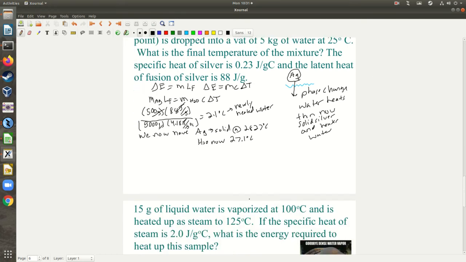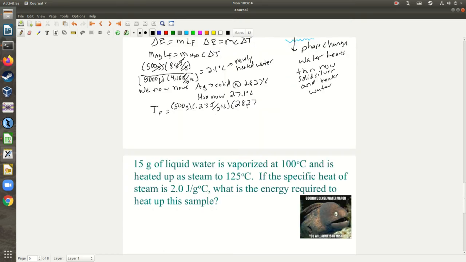So this is where we use the big TF equation I gave you earlier. And that's the fastest way. So we take M1, I guess we'll call it silver, 500 grams. C, that's 0.23. That's the approximate, by the way. I couldn't find a good number on that. And its initial temperature, which is going to be 2827, right?